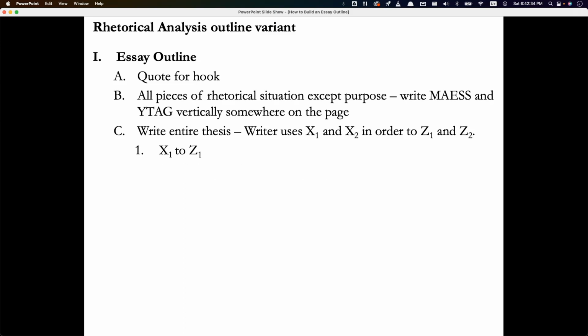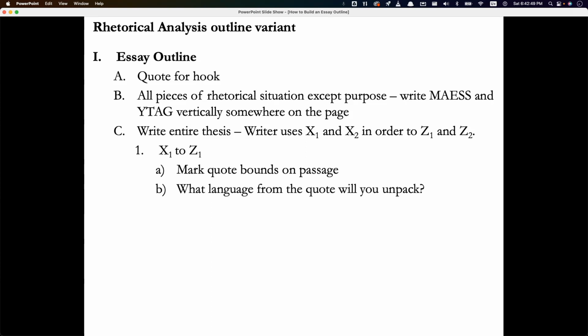So for that first body paragraph, you want to make sure you clarify for yourself you're doing X1 to Z1. Mark the quote bounds on the passage itself in your exam booklet, and so you know what quote you're going to use. Then clarify for yourself what language you want to unpack for X analysis, what you might say about it, what your why piece is.